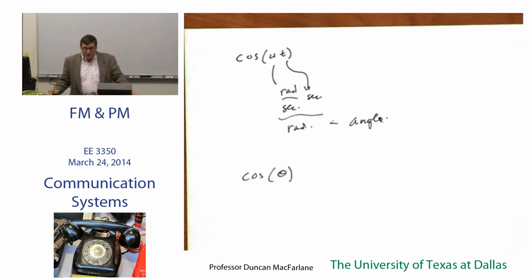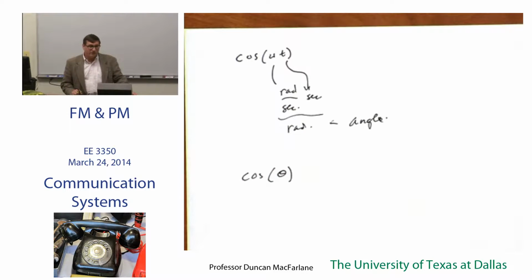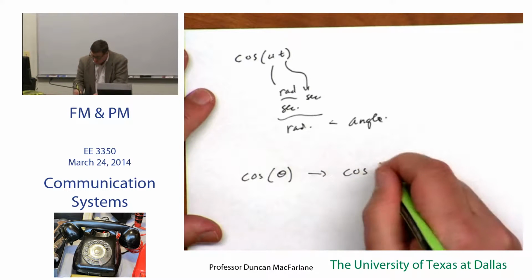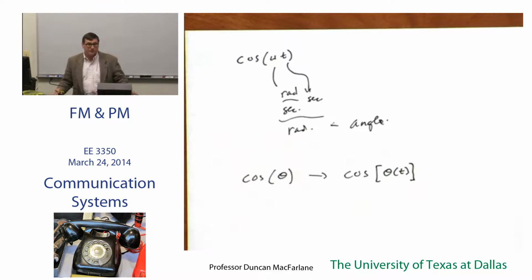Okay? Now, if I compare those 2 equations, then what this goes to is cosine of theta, which is a function of time. And so what this formula is telling me is that I'm asked to take a cosine of an angle, and the angle is progressing in radians as a function of time.